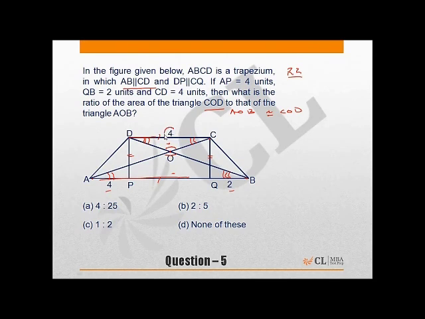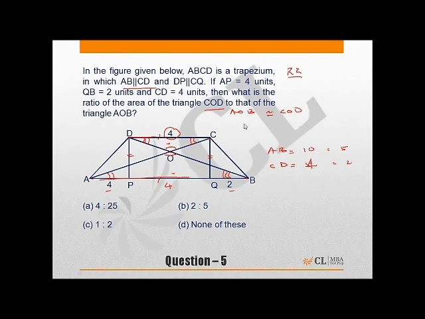Now since CD is equal to 4, that means this should also be equal to 4, because these two are parallel lines and DP and CQ are also parallel lines. So what does it mean? That AB is equal to 10 and CD equal to 5. I'm sorry, CD is equal to 4, it is given to us. So the ratio of sides is 5 is to 2.